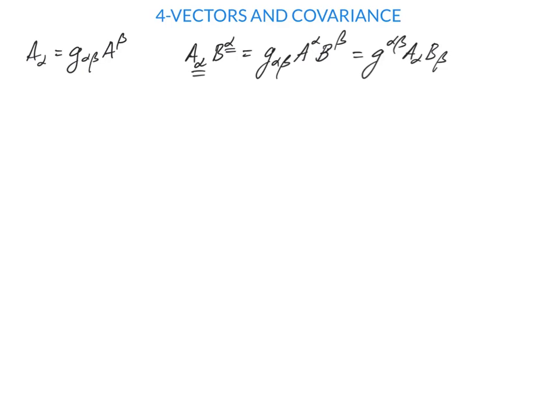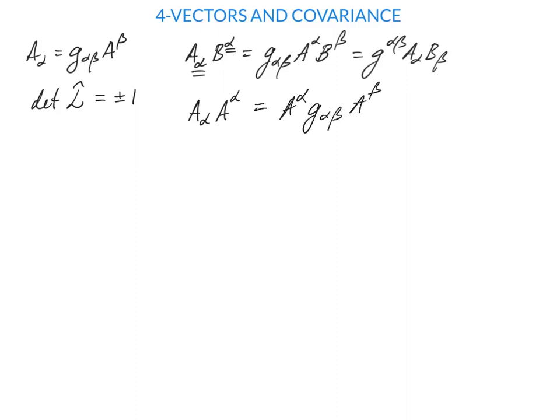Now, let me use this notation to prove a simple statement: that the determinant of any Lorentz transformation matrix is equal to plus or minus 1. To see this, let's consider a contraction A_α A^α. We can write it as A^α g_αβ A^β.